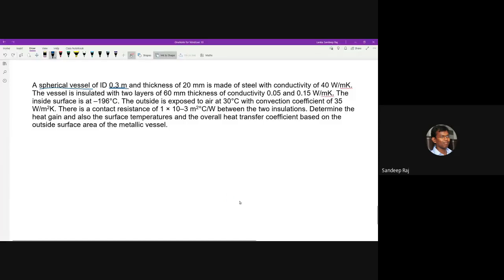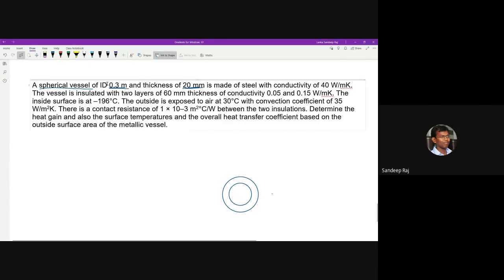First, that's the inner diameter. And next it is made of steel, so it also has an outer radius because it has so and so thickness. You should also draw the outer thickness. So that is the outer part.